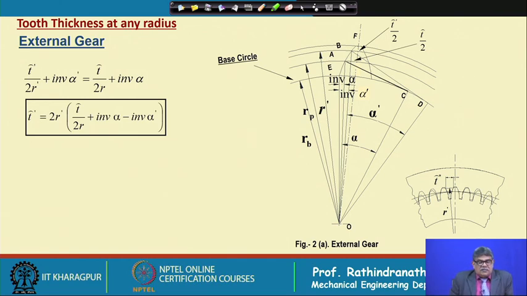Or in other words, if arc tooth thickness at pitch circle is known, standard pressure angle is known, radius is known, then at any radius r dash we will be able to calculate the tooth thickness. So, this is the tooth thickness of standard gear tooth at any radius.